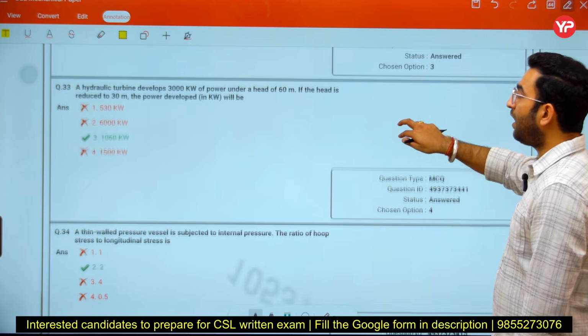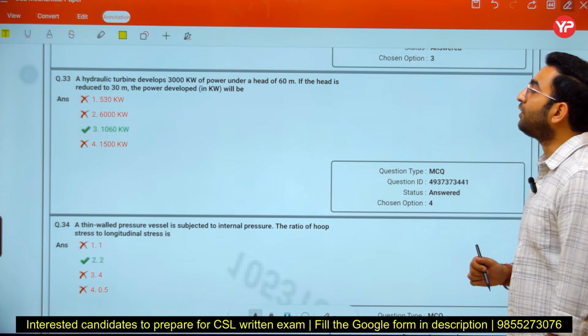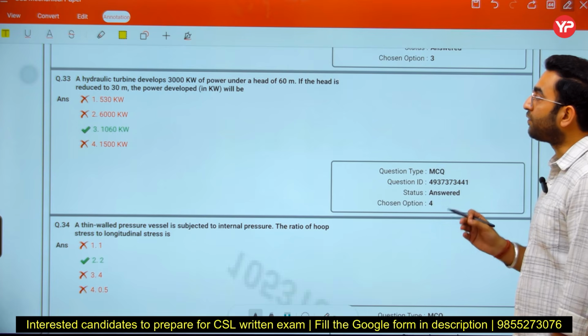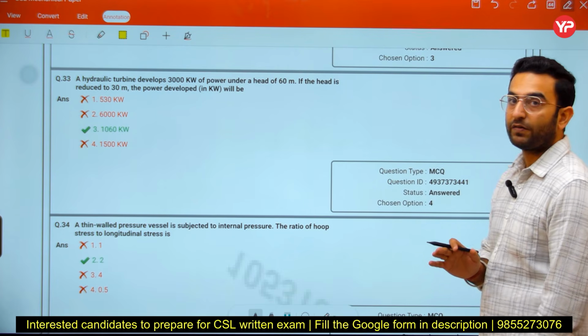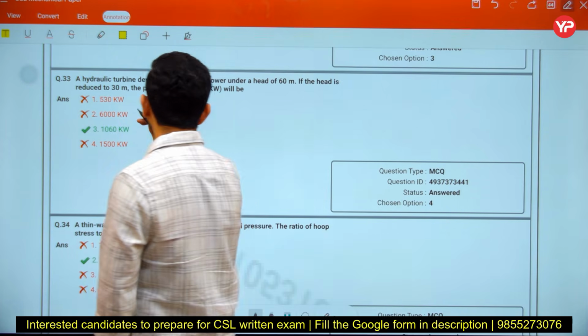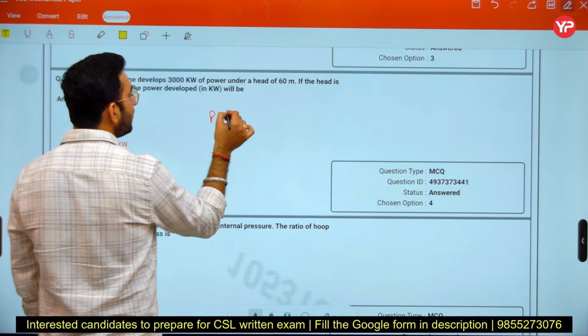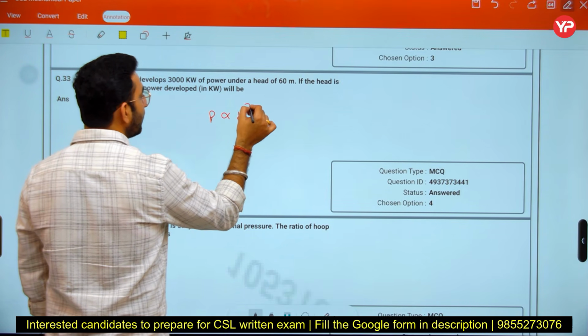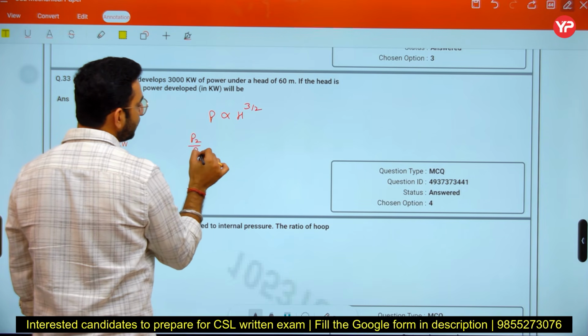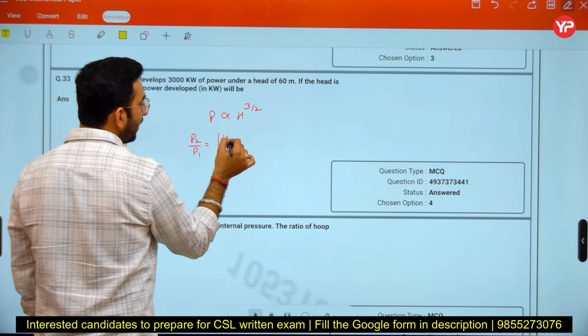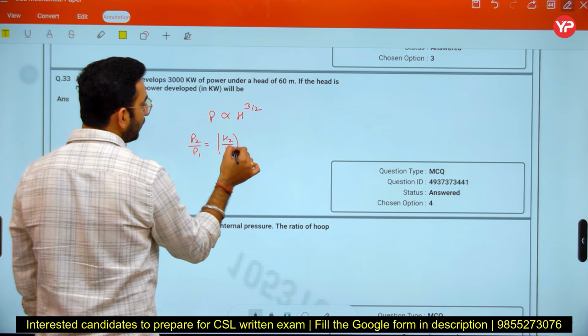Next, a hydraulic turbine develops 3000 kilowatt of power under a head of 60 meter. If the head is reduced to 30 meter, what will be the power developed? In the case of hydraulic turbines, we know that power is directly proportional to head to the power 3 by 2. So I can write P2 by P1 equal to (H2 by H1) to the power 3 by 2.